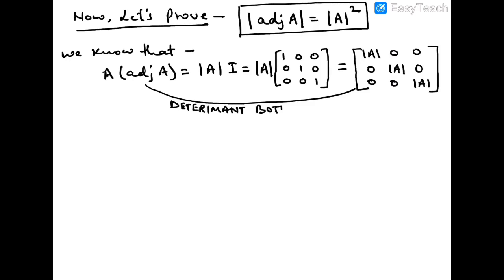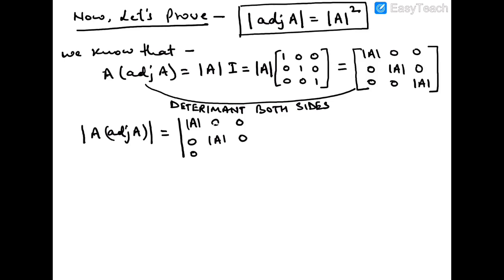Now take the determinant on both sides and we will get determinant of A times adjoint of A is equal to the determinant of the matrix with determinant A on the diagonal.